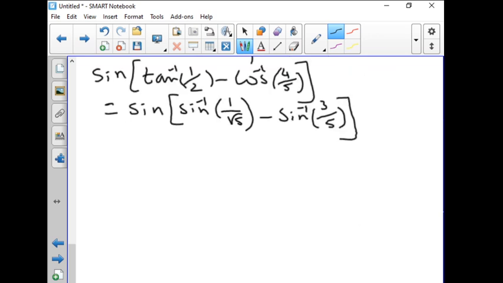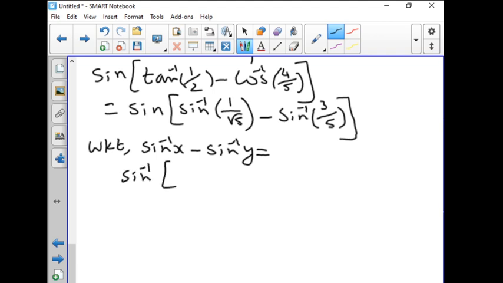So now what form is this? We have sin inverse of x minus sin inverse of y. So we have a formula, a property, the proof of which we will see in a later exercise. So sin inverse of x minus sin inverse of y is equal to sin inverse of x into root of 1 minus y square minus y into root of 1 minus x square.